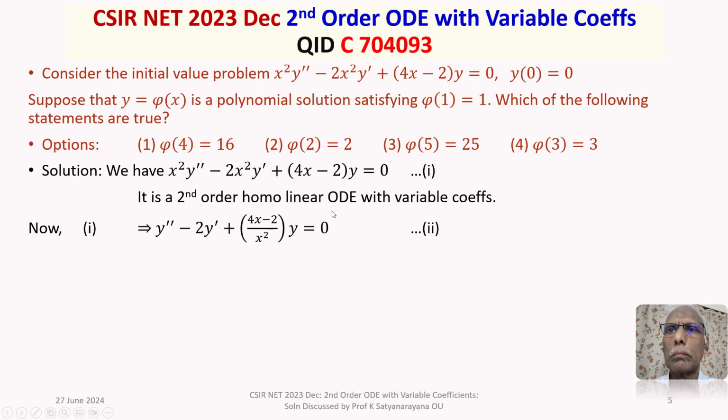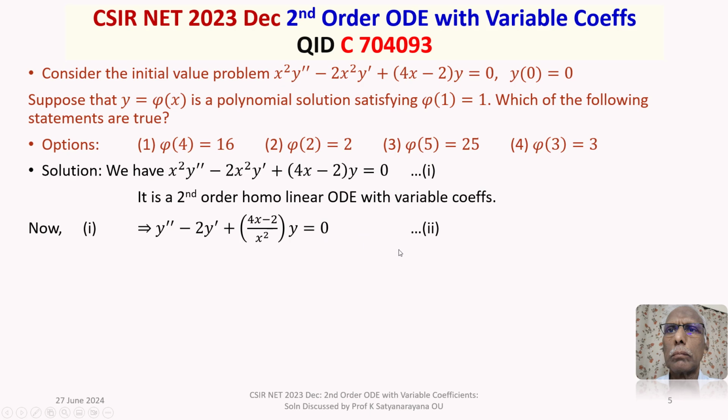It is a homogeneous equation, not non-homogeneous. So things will be easy if you find the complementary function, that is sufficient and that itself is the general solution. But anyway, we are not concerned with that.